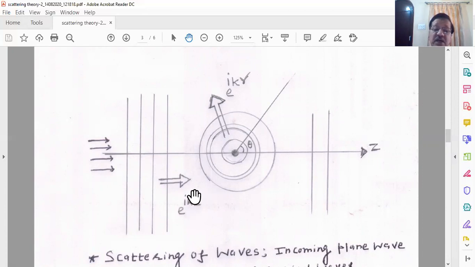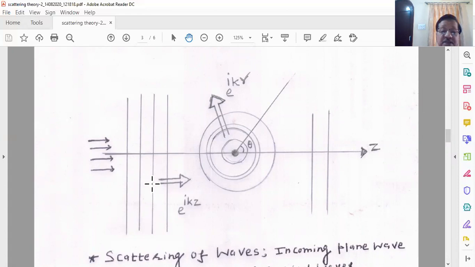Please remember that your incident beam consists of a set of plane waves.